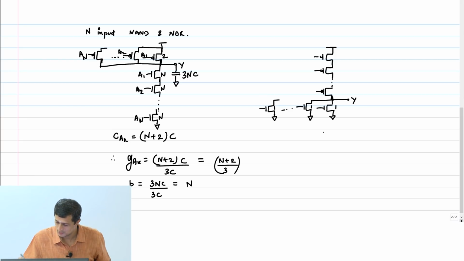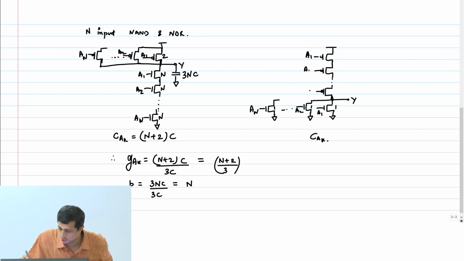Okay? Now what is the input capacitance on each input? A1, A2 and AN. So what is the PMOS size, by the way? 2N.